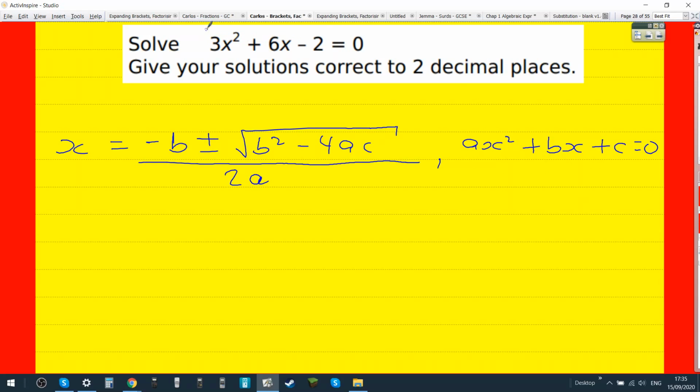So for this one up here, what is a, what is b, what is c? So 3 is a, 6 is b, and 2 is c? -2. Minus c.